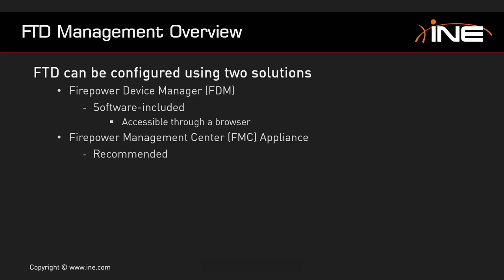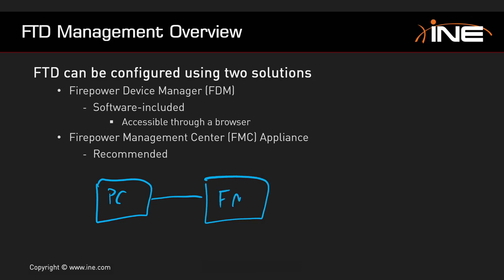Well, maybe not actually complicated, but just different from FDM. What we will see here is that our PC this time will be connecting to FMC. And this is still going to be a regular encrypted web connection. You will use a browser to connect to the FMC appliance.